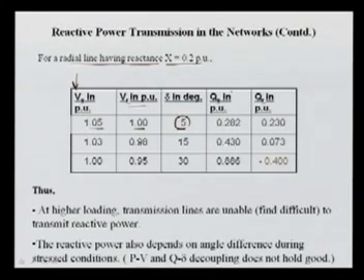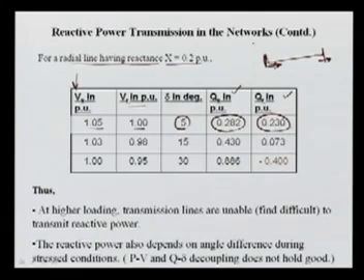We calculated QS and QR, and found that QS is 0.28 and QR is 2.38. It shows that your system is lightly loaded, and Vs is more than Vr. More reactive power is flowing from the sending bus, and less reactive power is going out. It shows that the line is consuming some reactive power inside it.